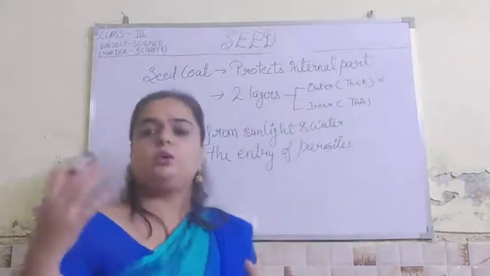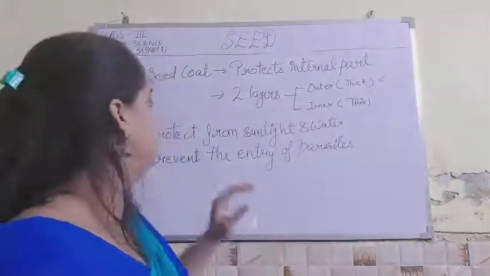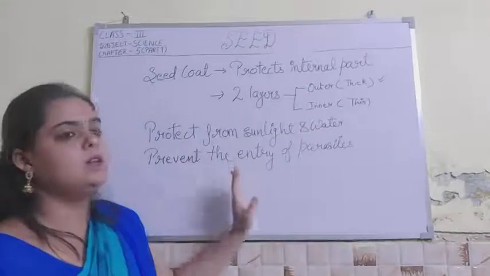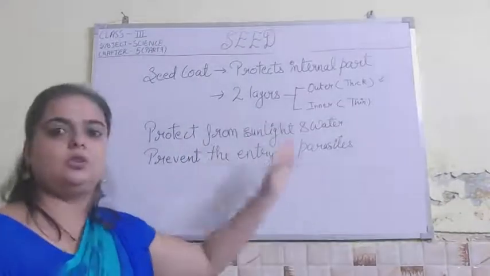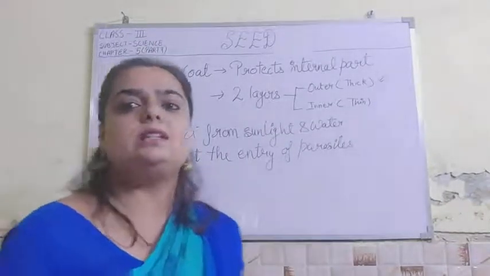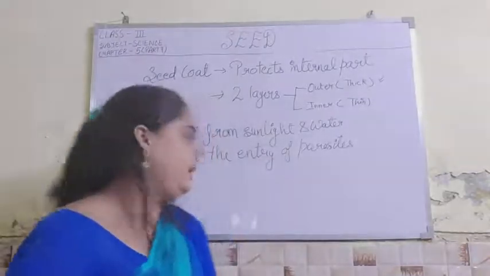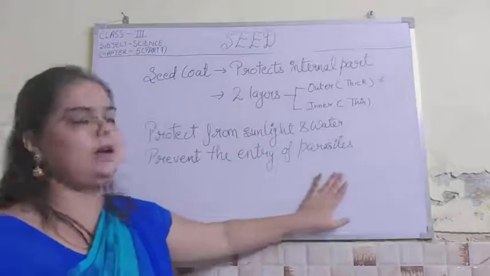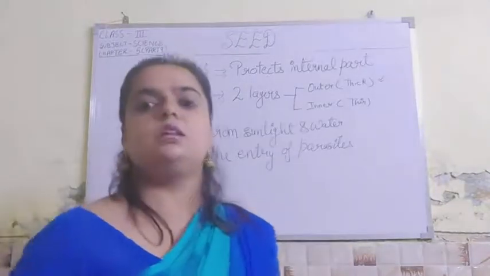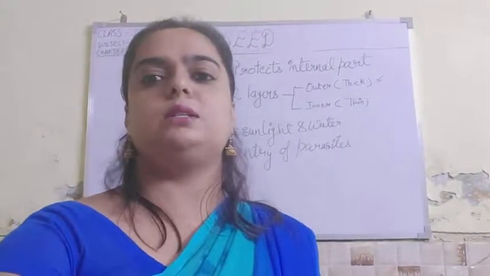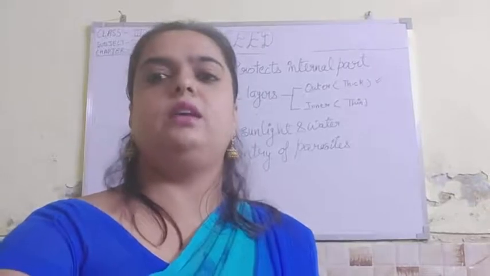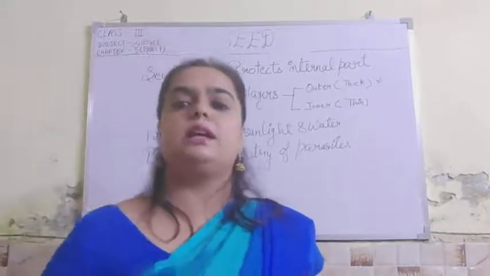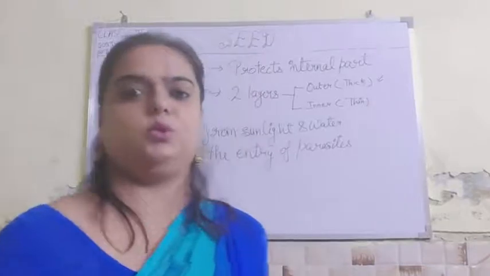The outer layer protects the seed from sunlight and water, prevents the loss of water, and prevents the entry of parasites. Children, this was the first part. Now the second part, which is the embryo.